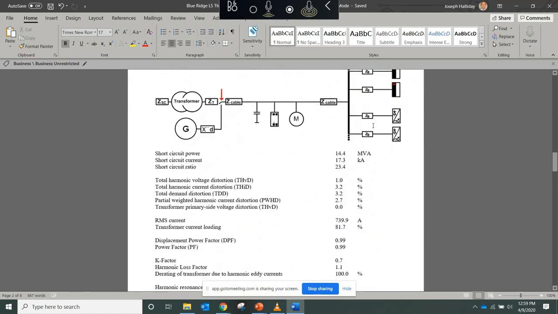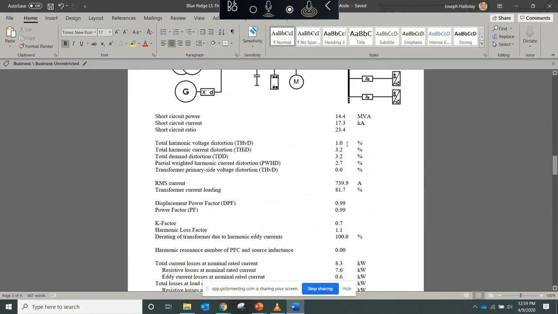And there's what our result came out to. 1% voltage distortion, 3% current distortion. So it doesn't really care how old your system is. When we talk about installing drives in aged applications, like an old motor, then I look at what's the condition of the motor.